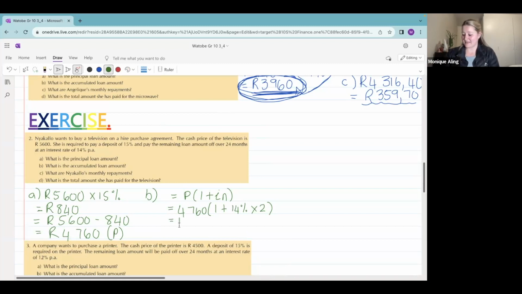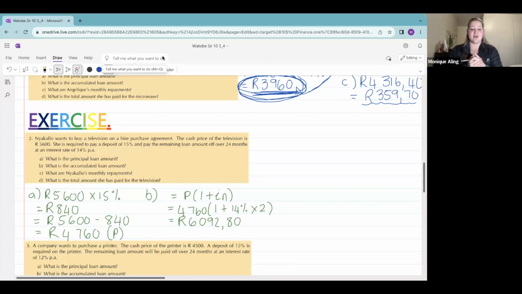And that means because of interest, she now needs to pay 6,092.80. Nice. I can see these answers coming through now. Yay. Woohoo. Well done. Okay, so this is the accumulated loan amount. This is how much is owed, including interest, or that's been loaned, including interest.